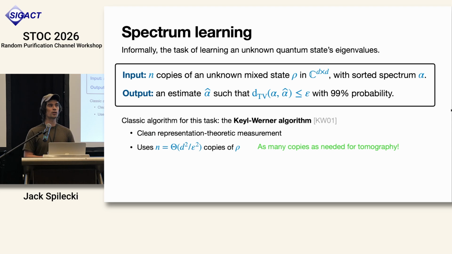So you're using as many copies as could be used to learn so much more. And so it seems like maybe you can really save on this sample complexity. So the natural question is, we only want to learn the spectrum. Can we do better by using fewer samples and not learning the eigenvectors?